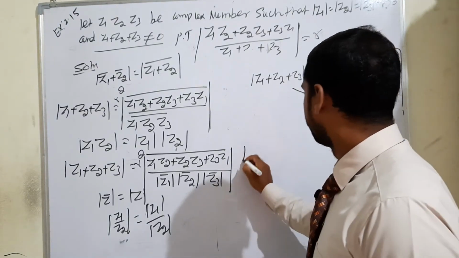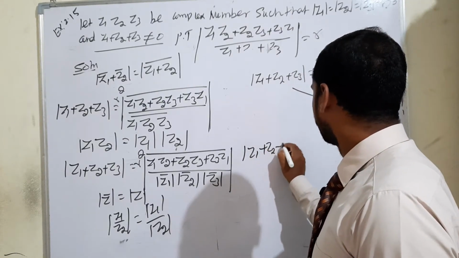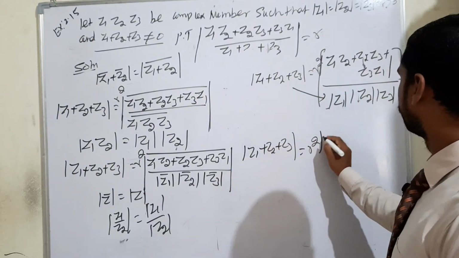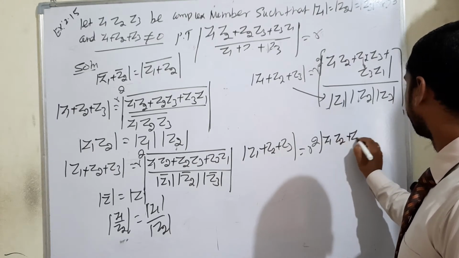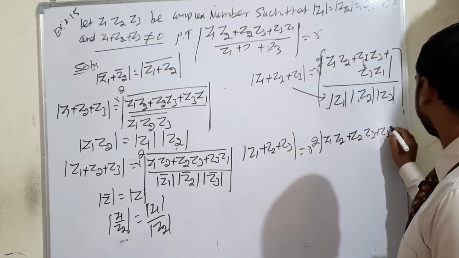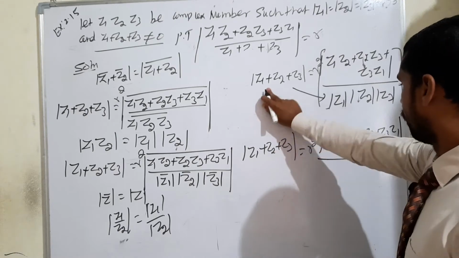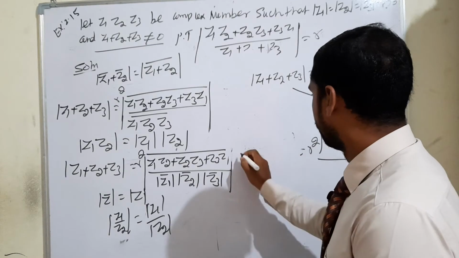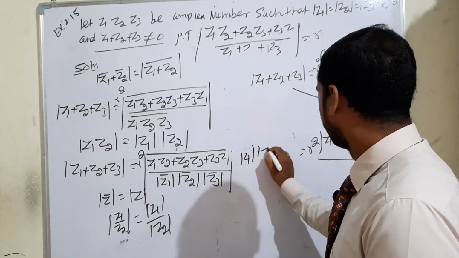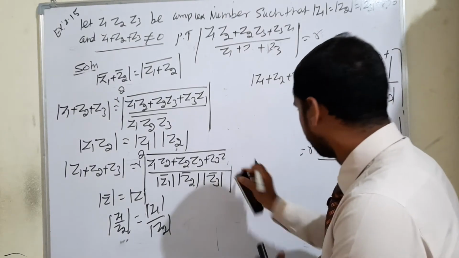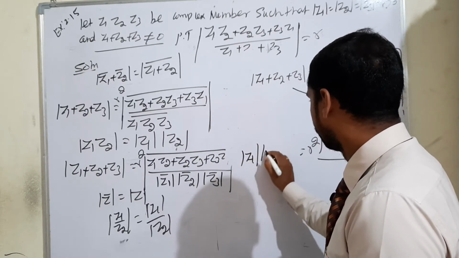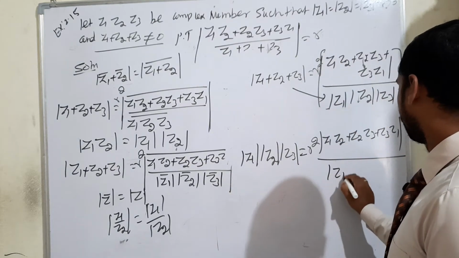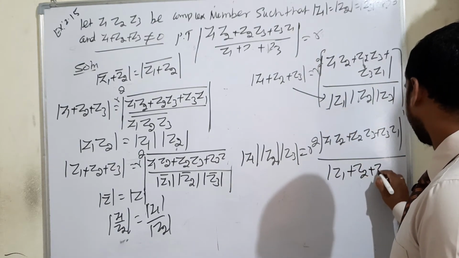Actually, the term Z1 plus Z2 plus Z3 is equal to R square into modulus of Z1 Z2, then Z2 Z3, Z3 Z1, divided by. Here we have to cross multiply, means opposite side we have to write modulus Z1, then modulus Z2, then modulus Z3 is equal to modulus of Z1 plus Z2 plus Z3.